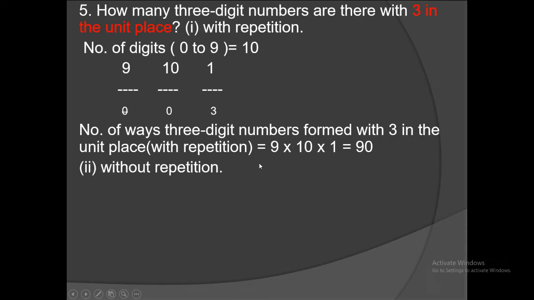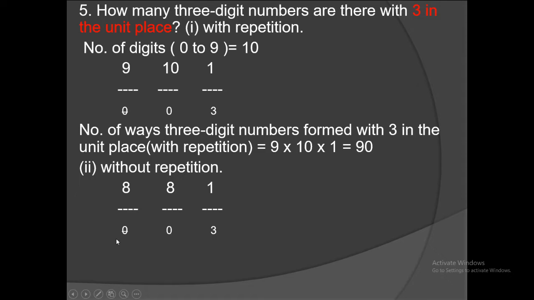Now the same without repetition. Same 3 places, same way keeping 3 in the unit place, so 1. Here 3 is placed, so out of the 10 digits, 3 is left, you have only 9 digits. 0 to 9, leaving 3, there are 9 digits.